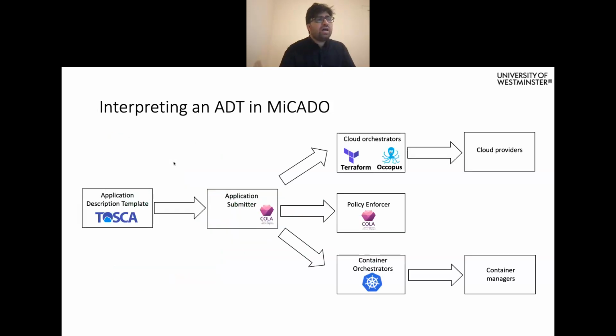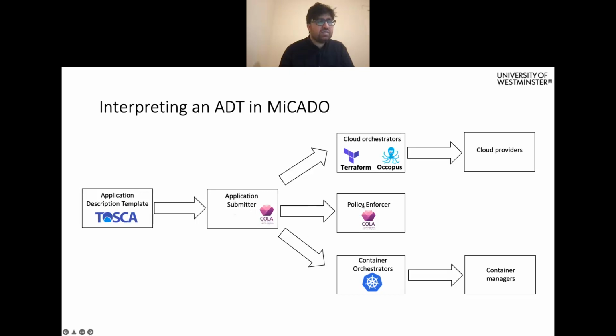Now, how does this work from the MiCADO side? When MiCADO receives a TOSCA ADT, how does it interpret it and pass information to the other components? Earlier I mentioned that there is an application submitter component. It receives an ADT, and then the resource specification is passed to the cloud orchestrator.